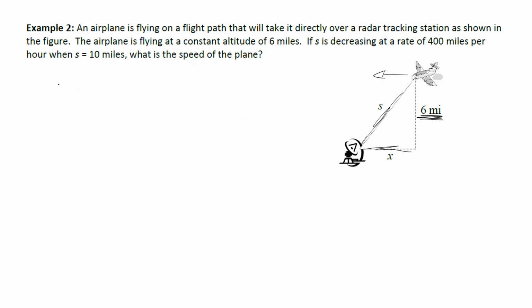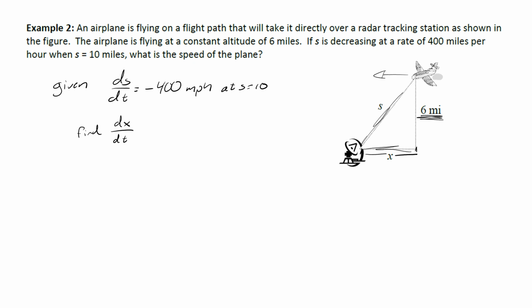So, given ds/dt is equal to negative 400 miles per hour, and this is when s equals 10, we want to find dx/dt, the speed of the plane, so the rate of change of how fast it's moving on the ground. We've labeled this variable x, so it's the rate of change of x. So dx/dt is what we want to find.